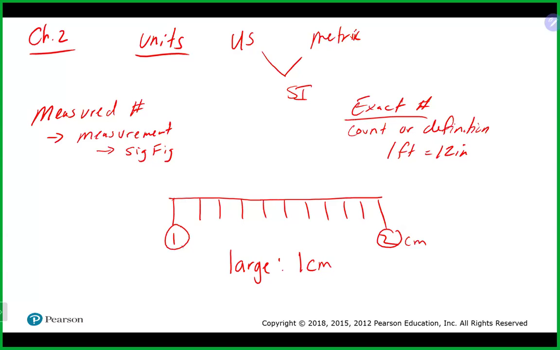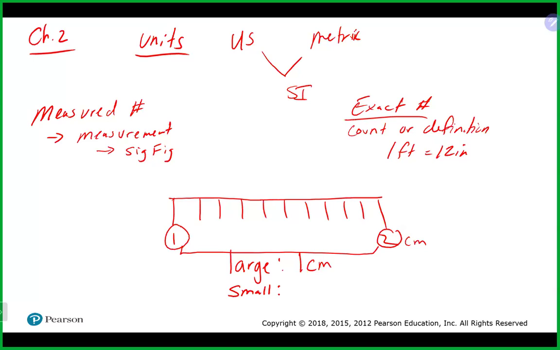So as we go from here to here, that represents 1 centimeter. The other markings on there are sometimes referred to as small markings. Small markings are typically ones that do not have numbers next to them, and they're all the markings that lie between the two large markings.